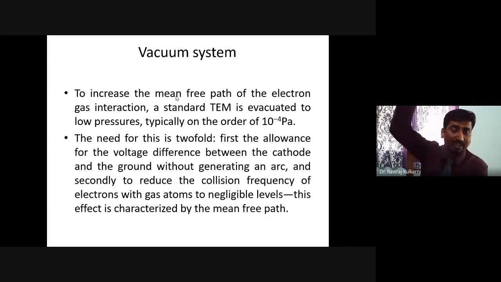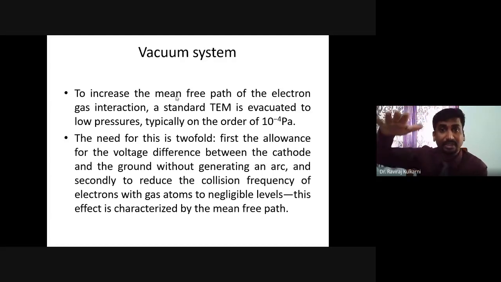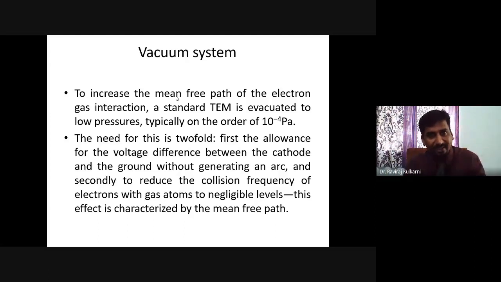So there is a huge potential difference. What is the voltage? 100 to 300 kilovolt. So that much voltage in air creates what? Sparks, arcs. If there is no air, no gases, then that arc is not produced. So you don't get any fire hazards in a total vacuum.